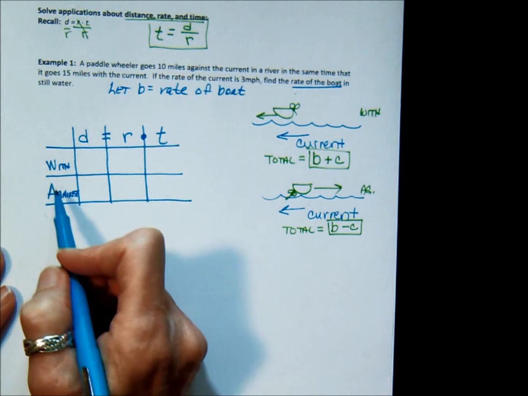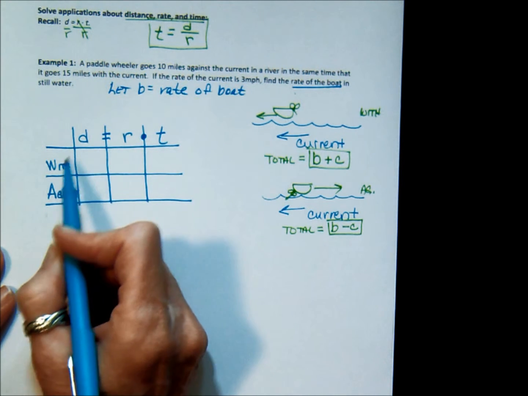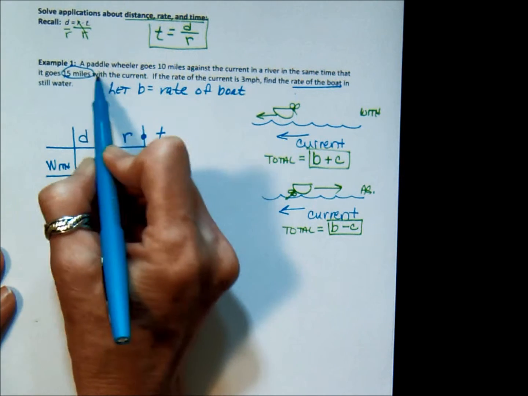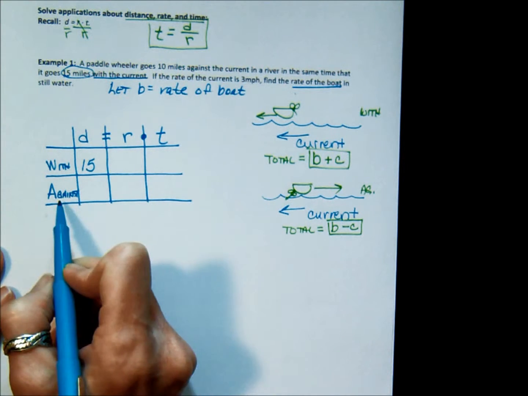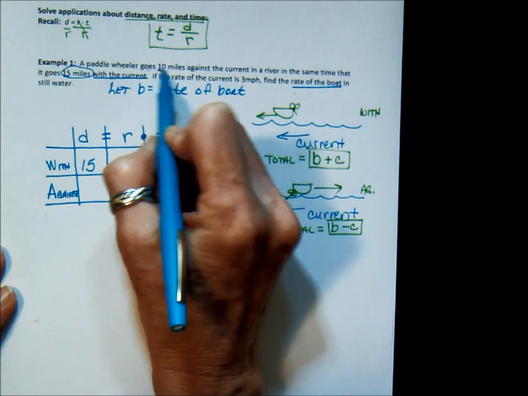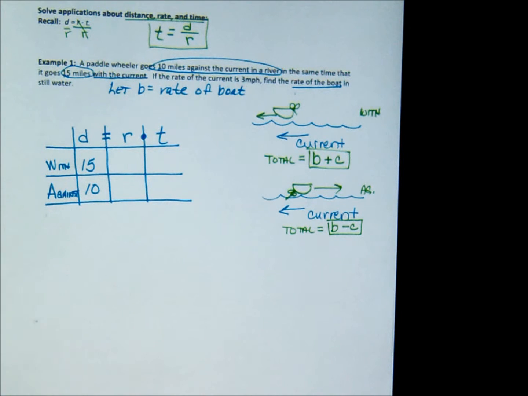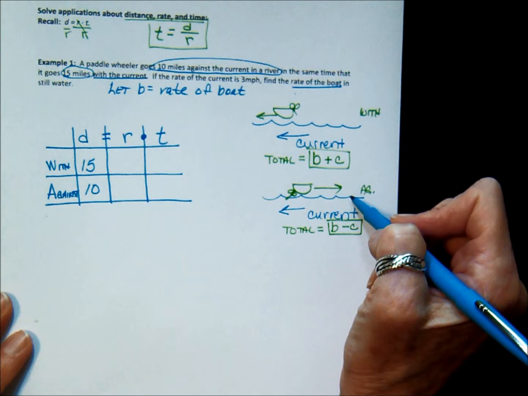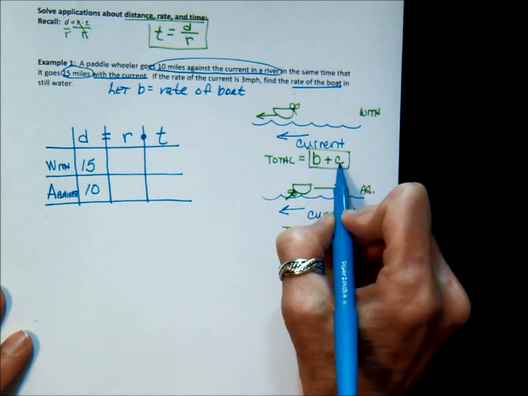So let's fill in the cells that we know. We know that the distance that you go with the current is 15 miles. It says so right there, so I'm going to put a 15 here. The distance that you go against the current, it says it goes 10 miles against the current in a river, so it's 10. With the current, just like I showed over here, your total rate is going to be the rate of the boat plus the rate of the current.